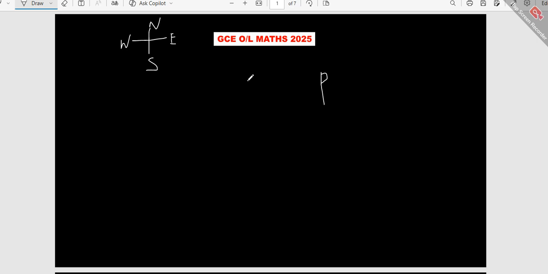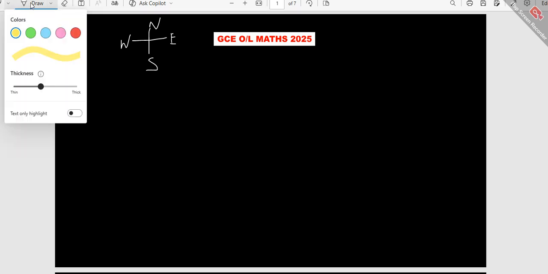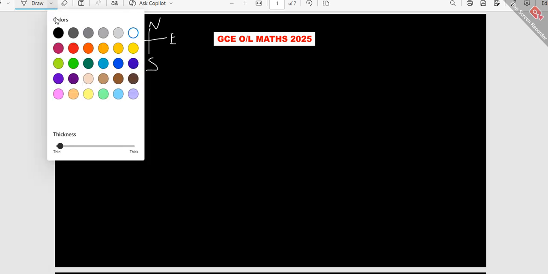So if they say R is 40 kilometers east of P, let me put my P here. That means that R is at the east of P, and this is east. So here we have our R, and they say the distance is 40 kilometers.